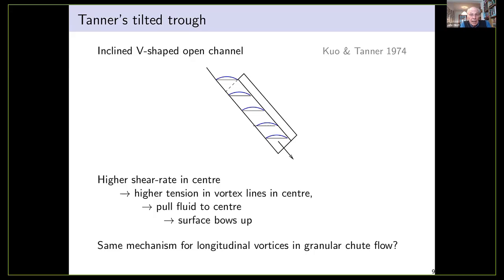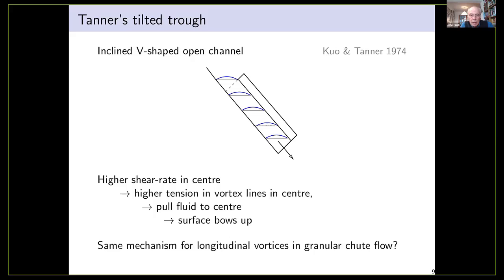So along the center of that V-shaped channel, there's a higher shear rate than there is at the edges. That's virtually obvious anyway. And therefore, there is a greater tension in the vortex lines, that's in the horizontal lines across the channel. There's a greater tension in the center than at the edges, and that pulls the fluid into the center, and it makes the free surface bow up.